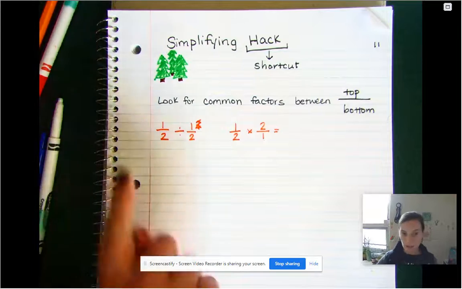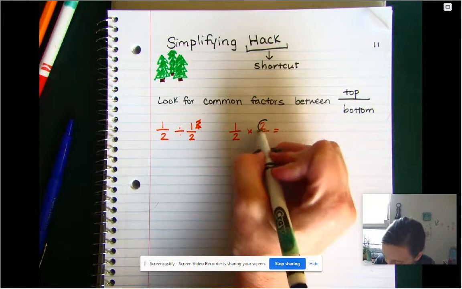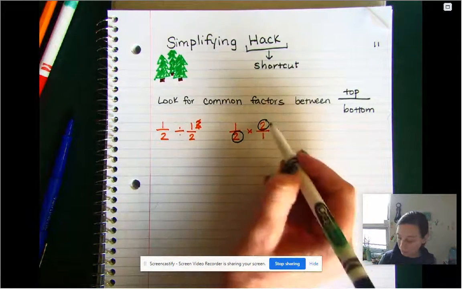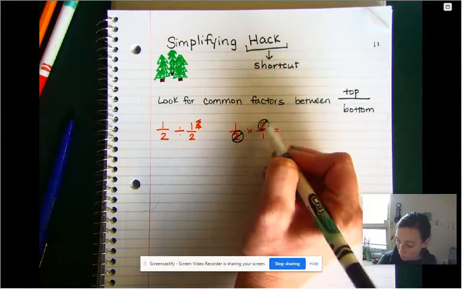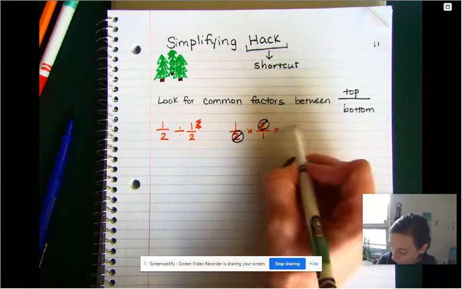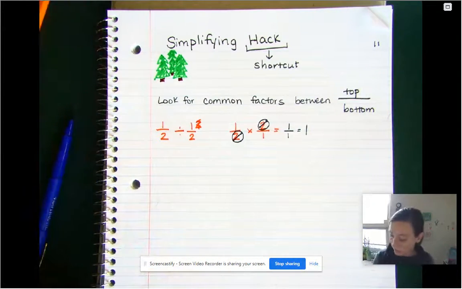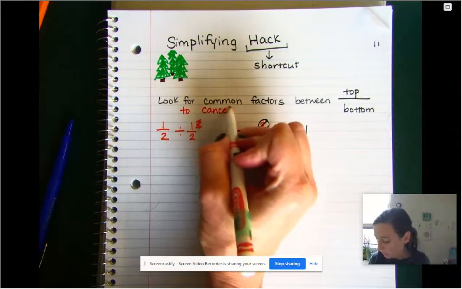Now, before I even get across, I see that I have a 2 on the top and a 2 on the bottom. Common factor from the top to the bottom. I can just cancel those common factors out. And I just bring over my 1/1, which is 1. So look for common factors between the top and the bottom to cancel out.